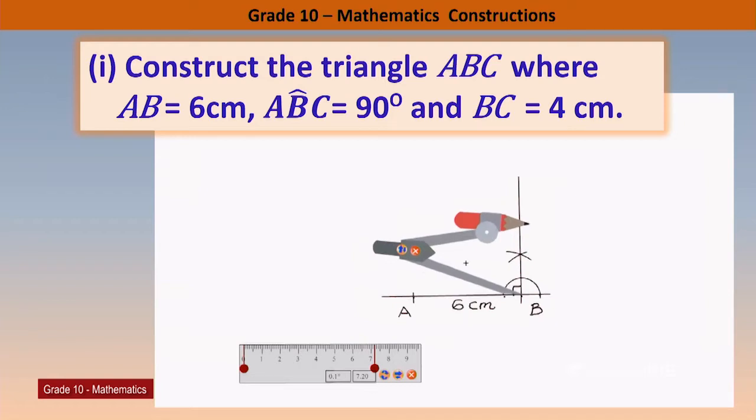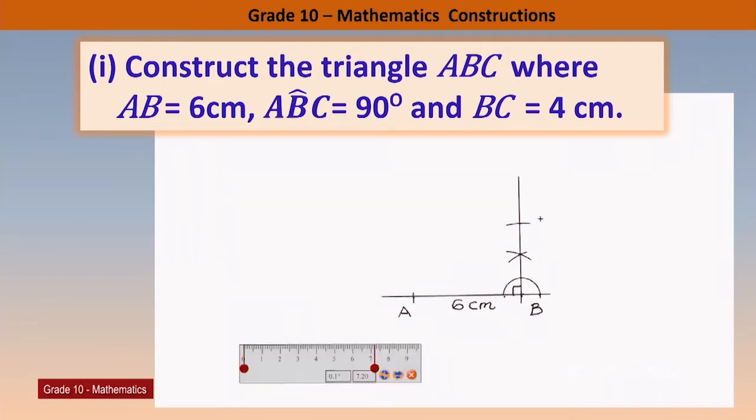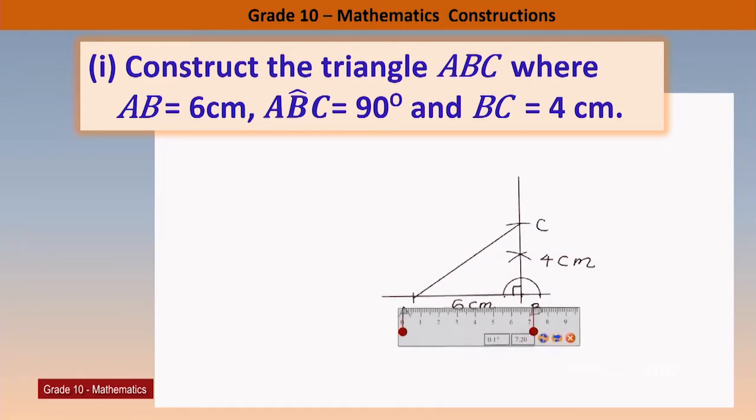Keep the steel point on B, take B as center, draw an arc. So, this is the point C, that is 4 centimeters away from B. Let us complete the triangle ABC. In our next question, you have to find the length of AC.